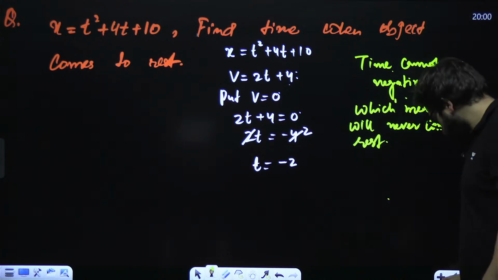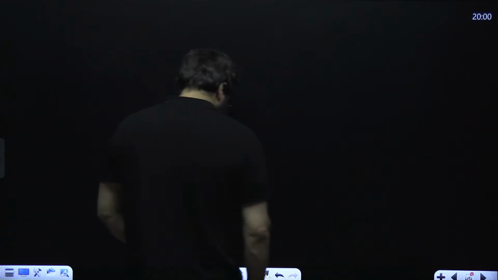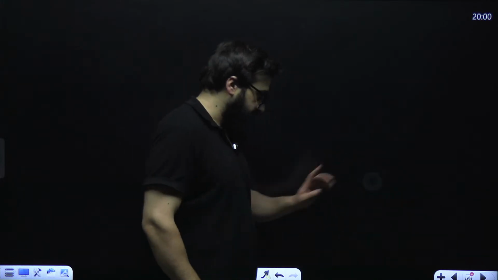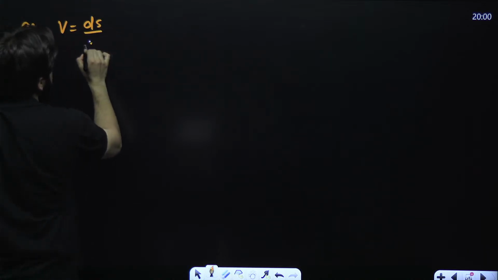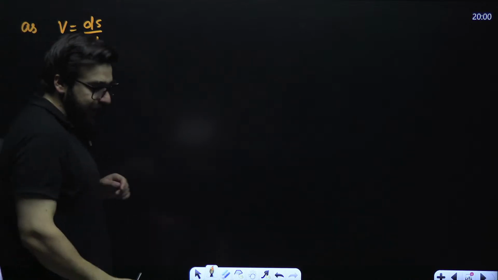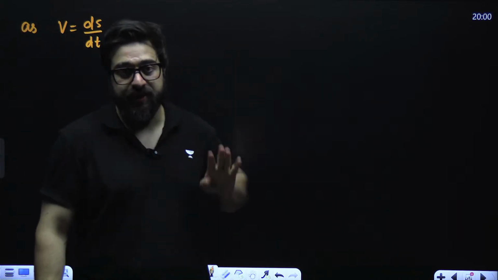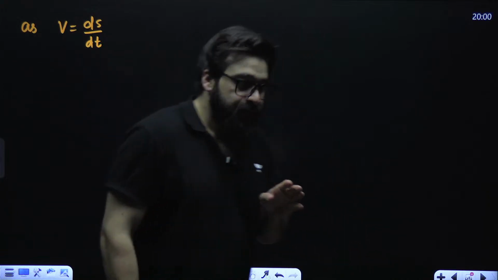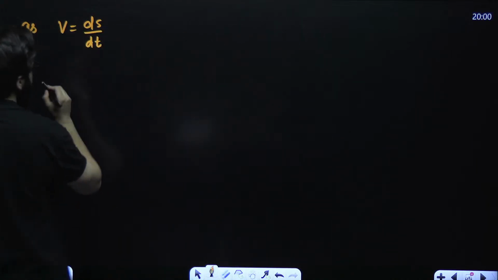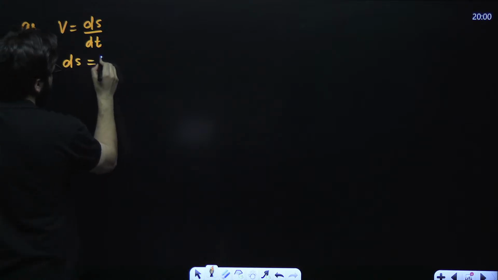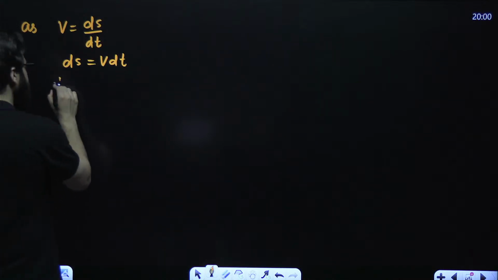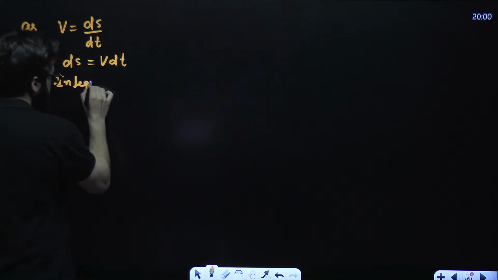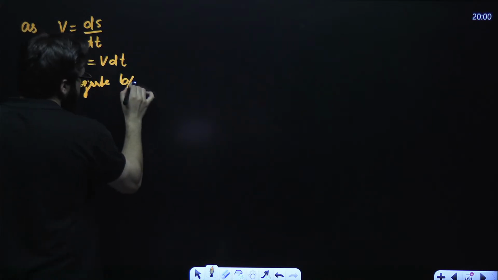One more thing I just want to mention over here, my dear friends. We say velocity is ds divided by dt. Velocity is differentiation of displacement divided by time. Now, if we multiply this over here, ds will come out to be v dt.